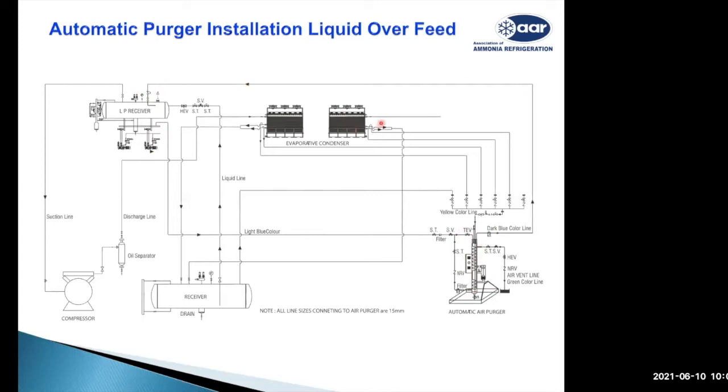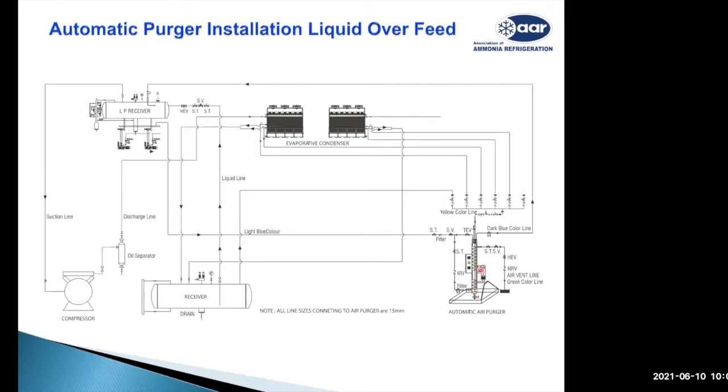Now, when the foul gases come from the outlet of this condenser, they come in contact with this coil, which is at low temperature. So if it is ammonia, it will condense and become liquid. If it is non-condensable or air, it will get accumulated in the purge vessel. If it is ammonia, you can see here a level switch is provided.